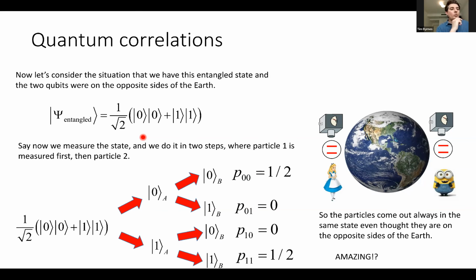What we immediately see is, suppose we have this particular state, and Alice and Bob each make a measurement on it. They share this state. I've drawn it as if they are very far away. They don't have to be very far away, but this will be interesting later on.